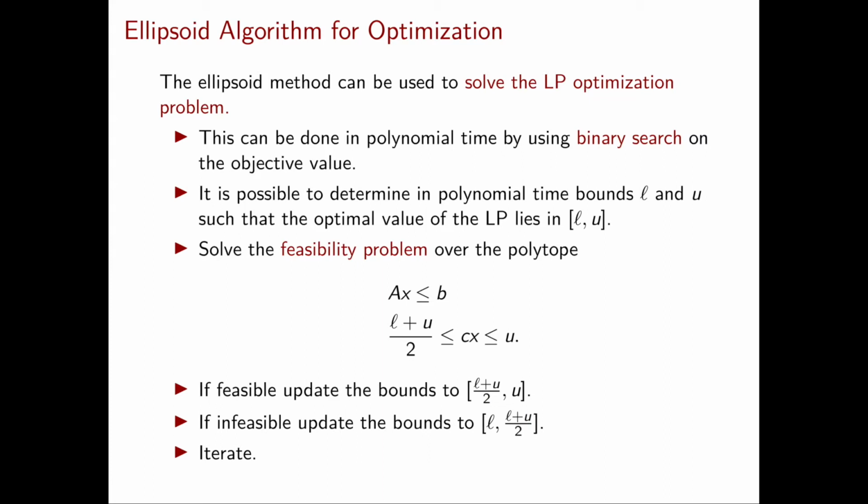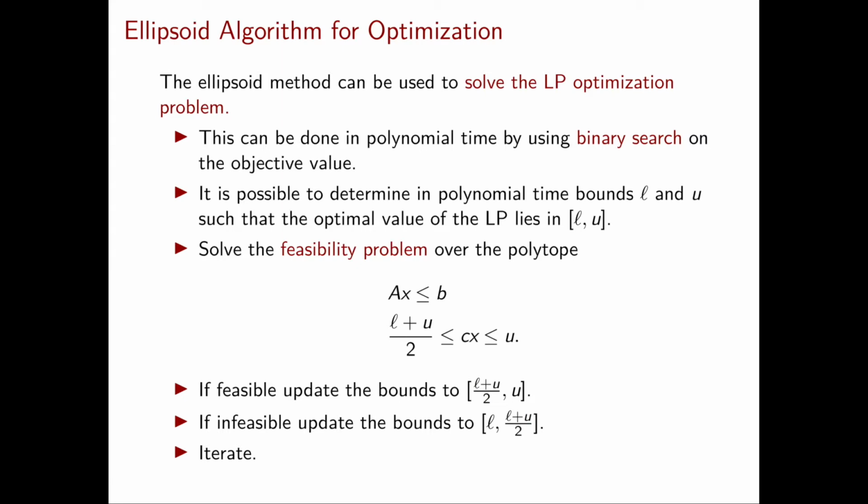So how can we solve instead our true target, which is the LP optimization problem? This can be done, again, by using the previous algorithm, the feasibility algorithm, on top of binary search on the objective value.